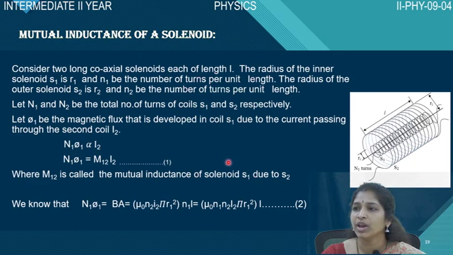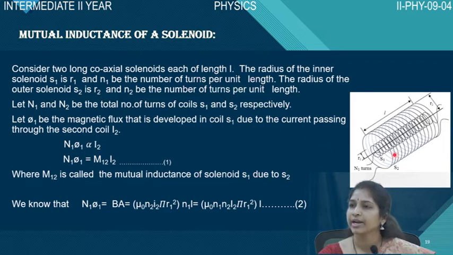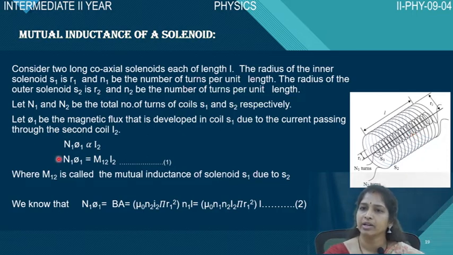So the total flux developed in the first solenoid, N1 phi1, depends on the current passing through the second solenoid. So I can write N1 phi1 is directly proportional to I2. Now, if we remove this proportionality, we will get a constant.